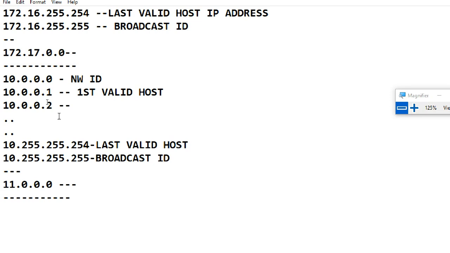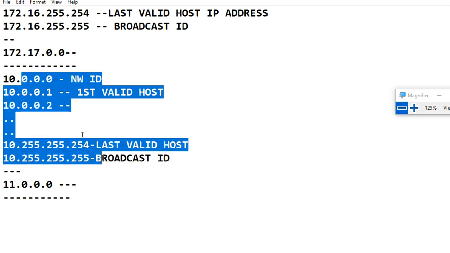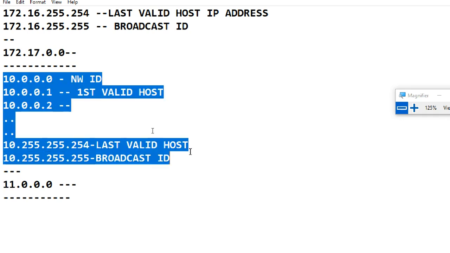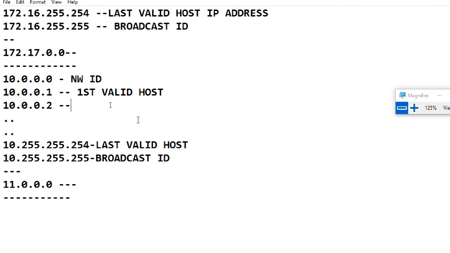This is one single network, because for all these IP addresses, you can keep on writing them down, and 10 is common in the first place. When the first network portion changes, it means you are in a different network. So all of these can communicate with each other.